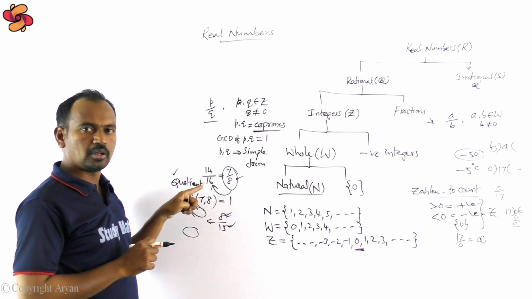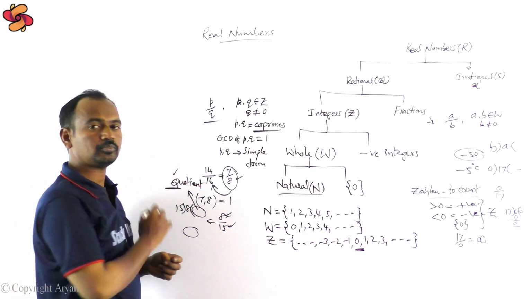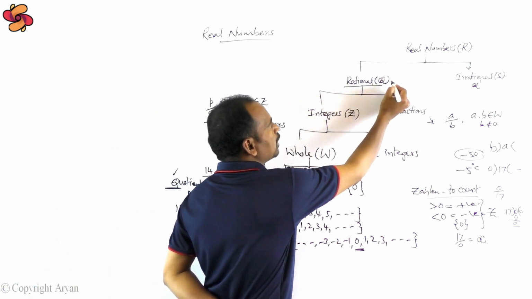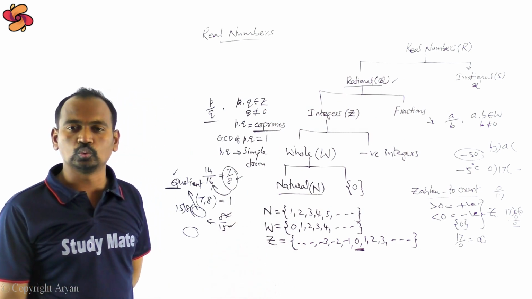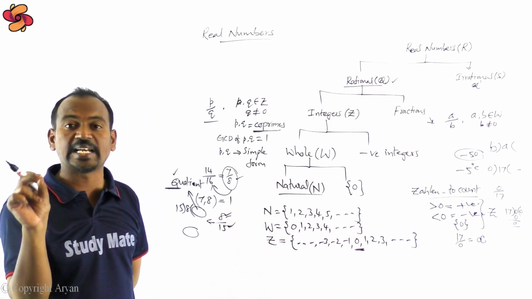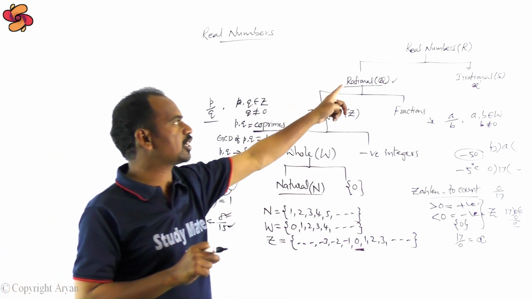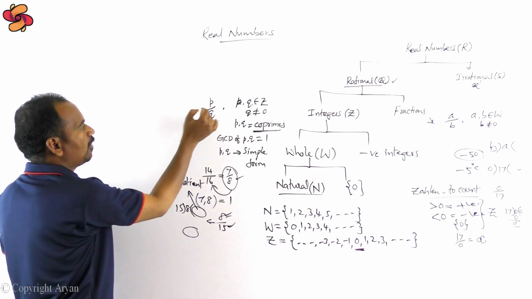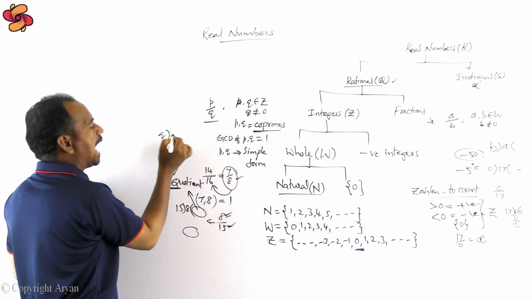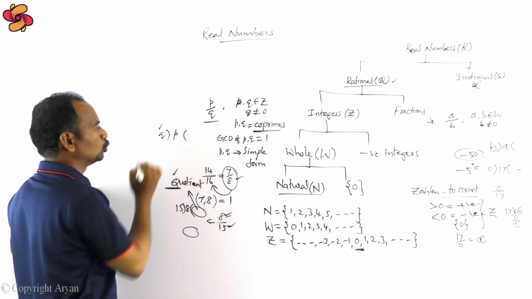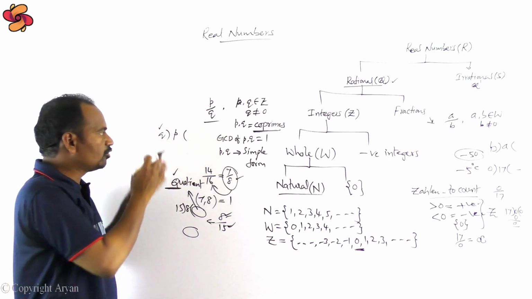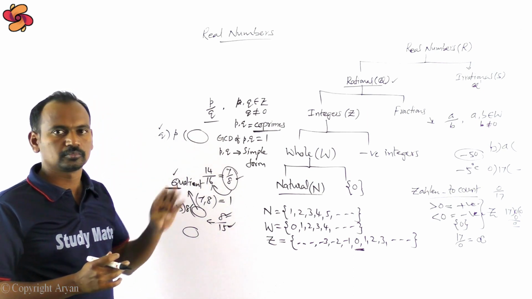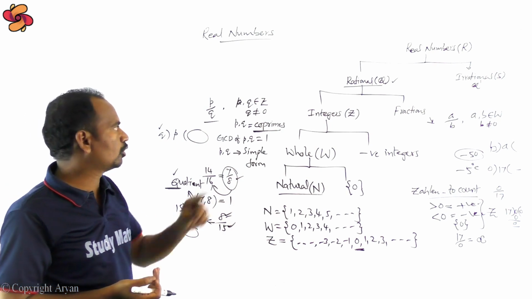That's why the set of rational numbers is denoted by capital Q, based upon the word quotient. So here also, what does P by Q mean? We have to divide P by Q, and in this division, we take the quotient as the answer. So this is the definition.